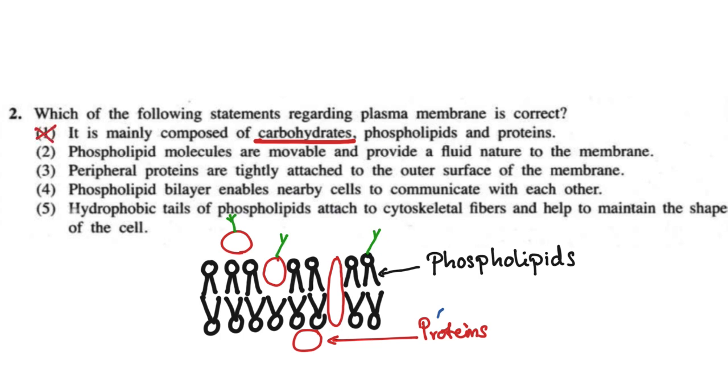Then the second one: phospholipid molecules are movable and provide a fluid nature to the membrane. Yes, these phospholipid molecules are movable, so they provide a fluid nature to this membrane, and the arrangement of these protein molecules gives the mosaic nature.